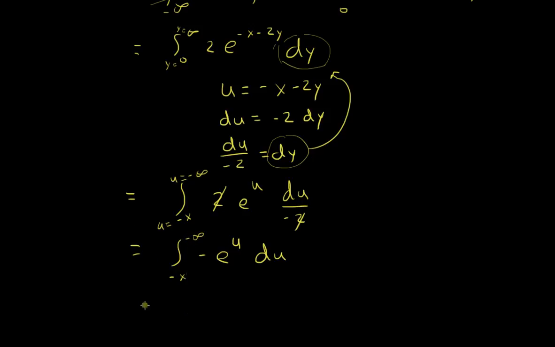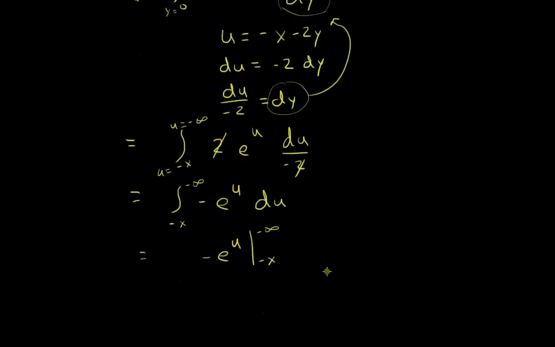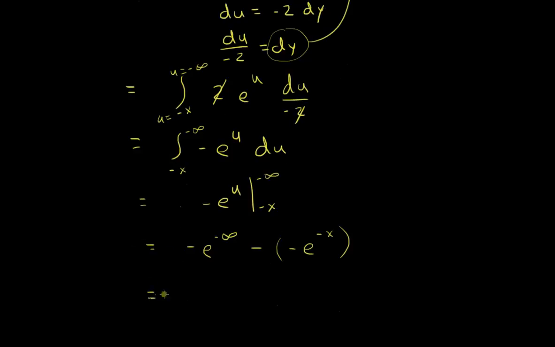Now let's do this integration. If you integrate negative e to the u, you get negative e to the u, and our bounds are from negative x to negative infinity. I'm about to plug in negative infinity for u, and subtract off what I get from plugging in negative x for u.